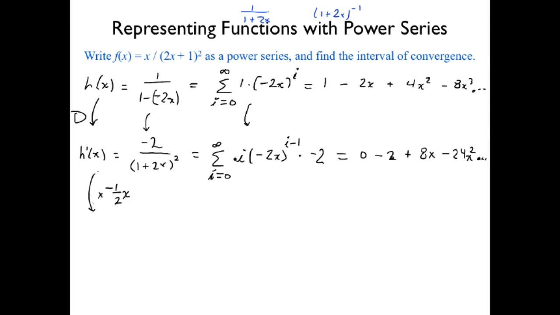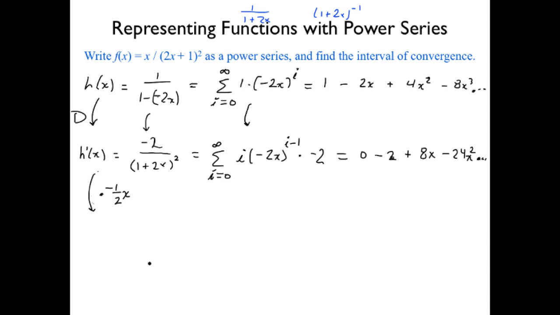And then I'm going to do that to every single thing. I'm going to do it to the function form, to the sigma notation, and to the polynomial form. So this is multiplication. So times. Is that better? If I take h prime and multiply by negative 1/2 x, I will get f.